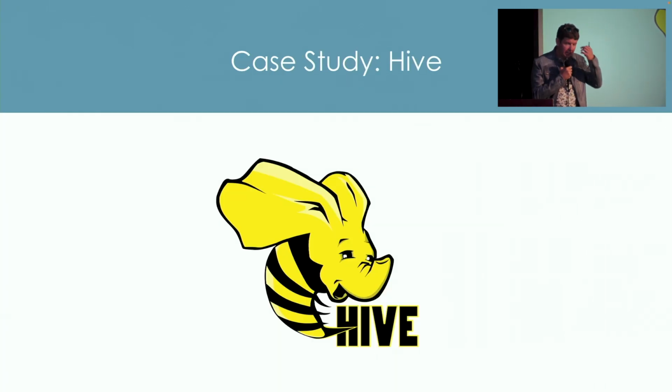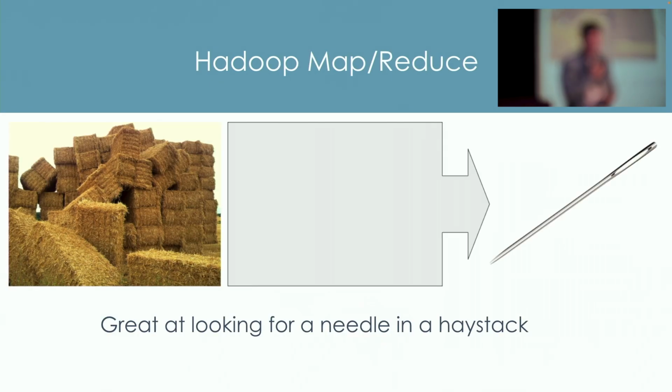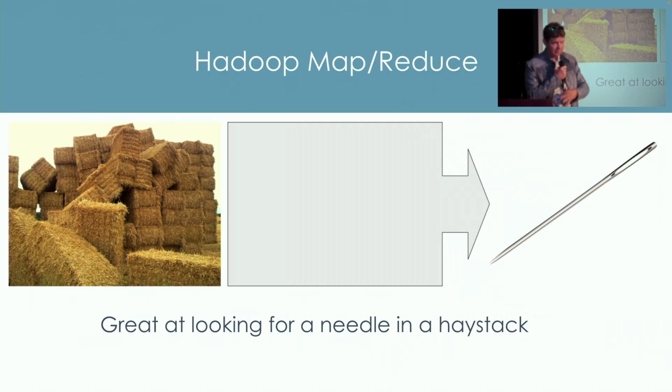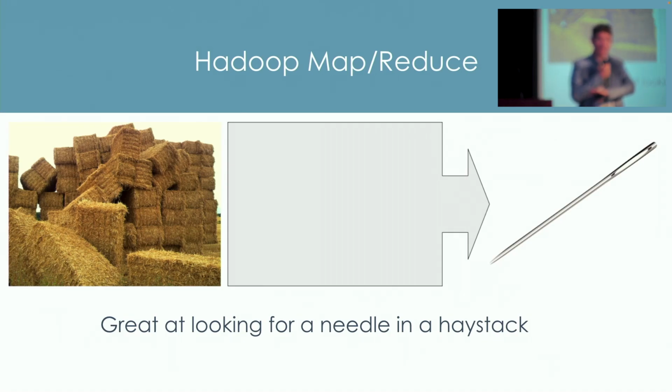And I wanted to give the example of Hive, of what it takes to do this, right? So we take Hive. When Hive was created, the execution engine of choice was Hadoop, right? You have Hadoop MapReduce. MapReduce is great for looking for a needle in a haystack, right? Like you have this giant haystack, you have petabytes, if not more, of data.